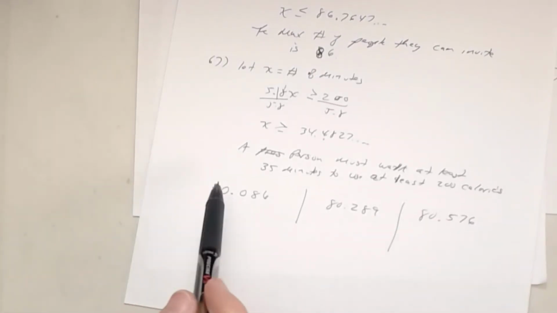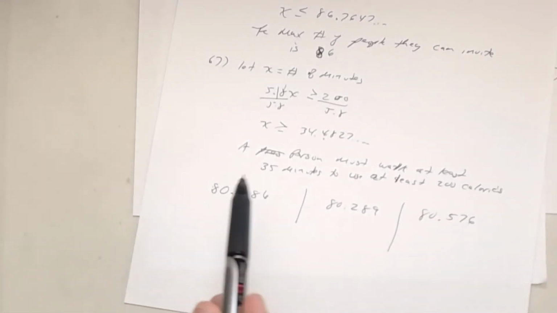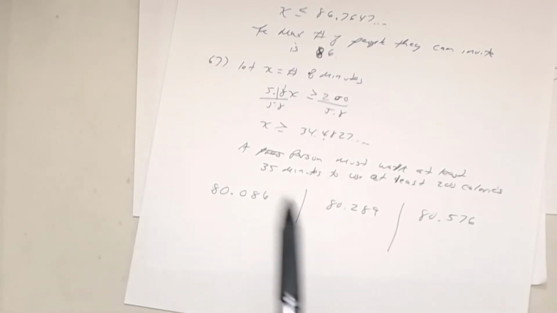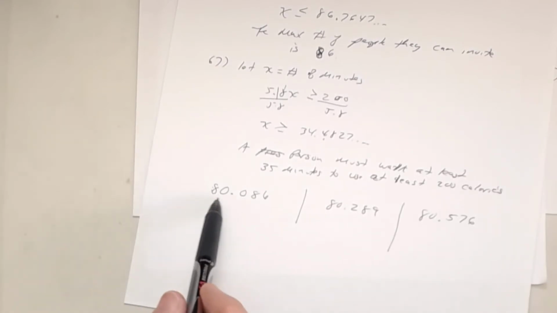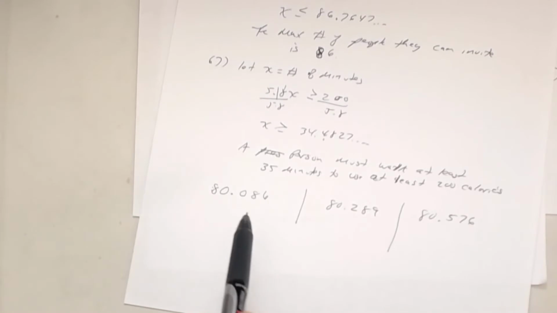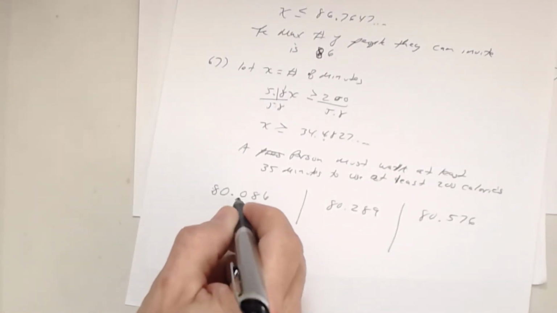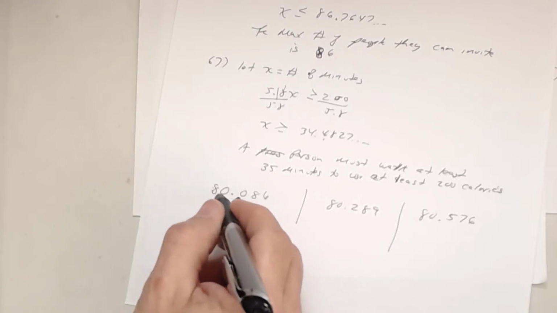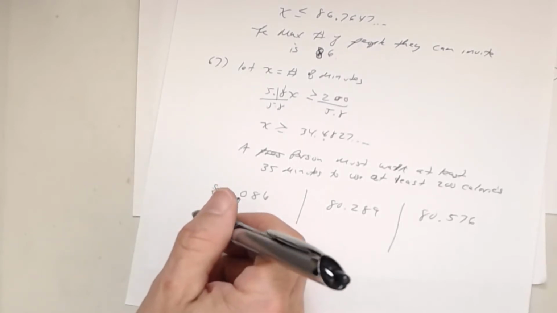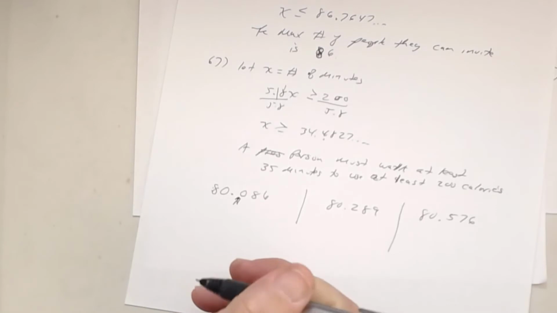So if I say round off to the nearest whole number, I want these to become whole numbers. You've got to look at the tenths place. This tenths place is less than 5. If it's 5 or more, this 80 becomes an 81. Okay?